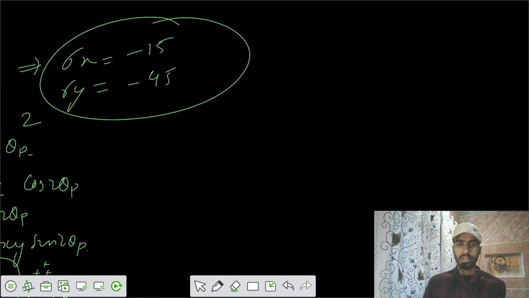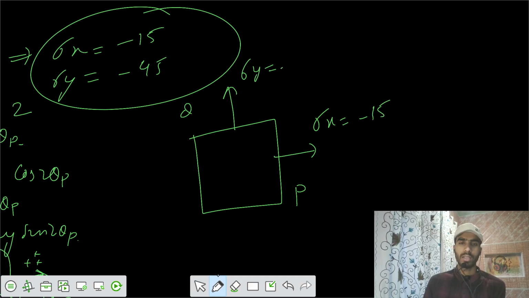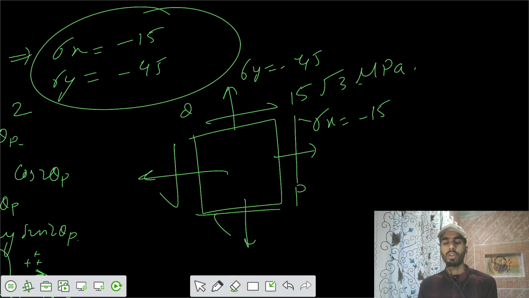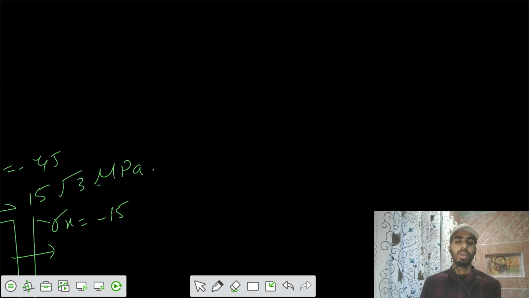So the final state of stress because of loading 2 on plane P and Q can be transformed such that sigma x is minus 15, sigma y is minus 45, and your shear stress is positive, 15 root 3 megapascal. So we have transformed loading B into plane P and Q.